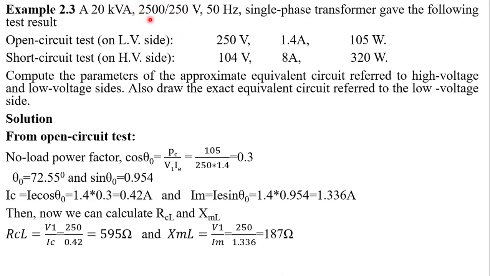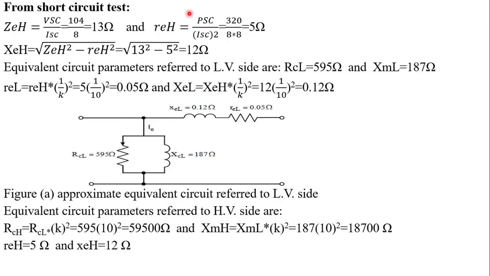The transformation ratio k is equal to 2500 over 250, which gives 10, and here k is 10, so 5 over 10 gives this value. The reactance at the low voltage side is equal to the reactance at the high voltage side multiplied by the inverse of this voltage transformation ratio, which gives this value.